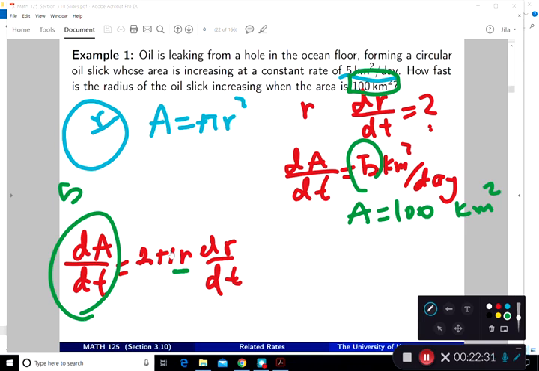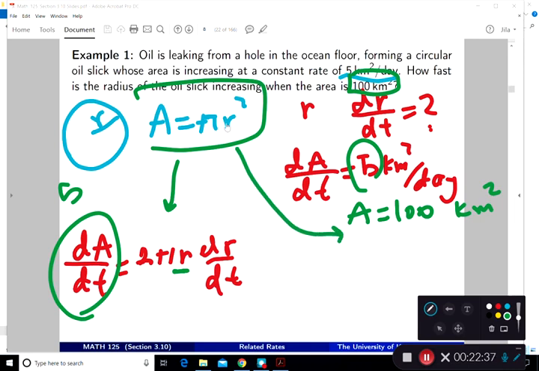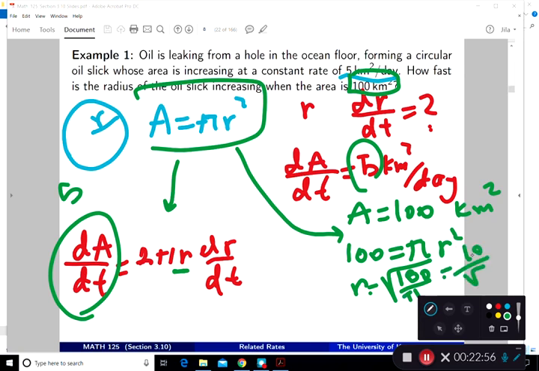Yes, I'm going to use this formula twice, once to take the derivative, once to find r. So I set 100 equal to pi r squared, and that gives me r equal to the square root of 100 divided by pi. That is 10 over square root of pi.